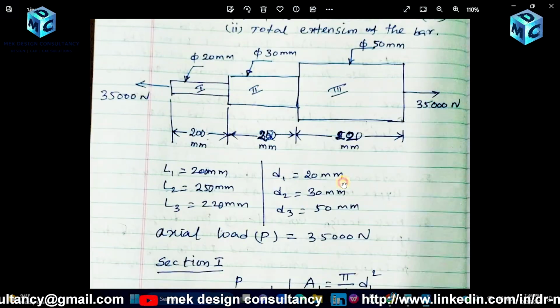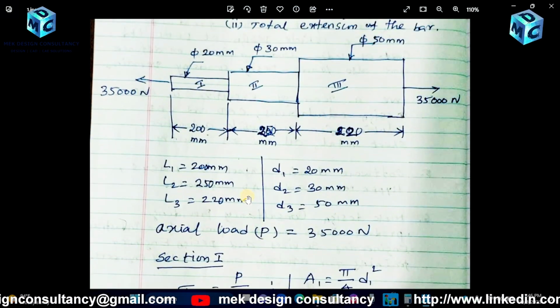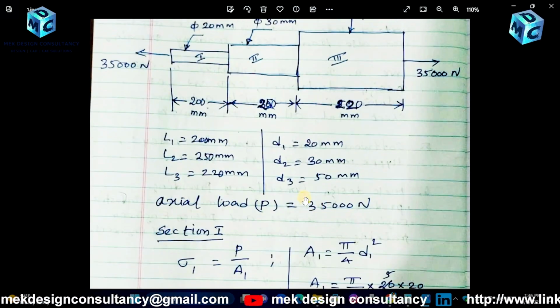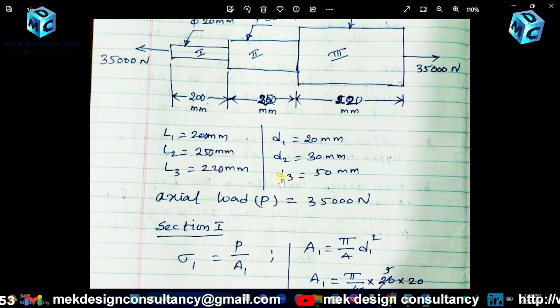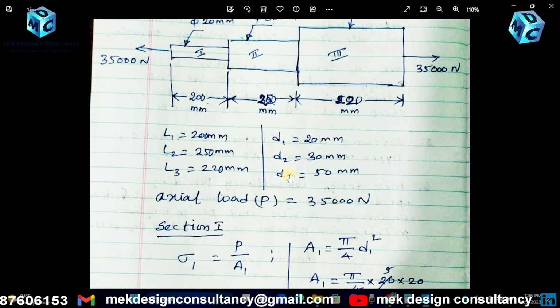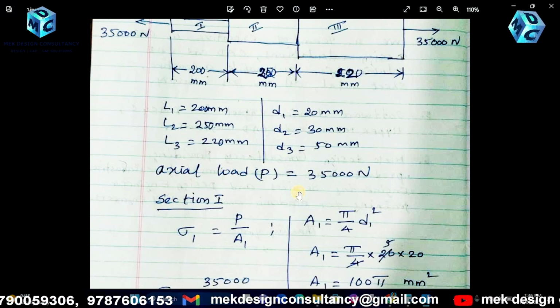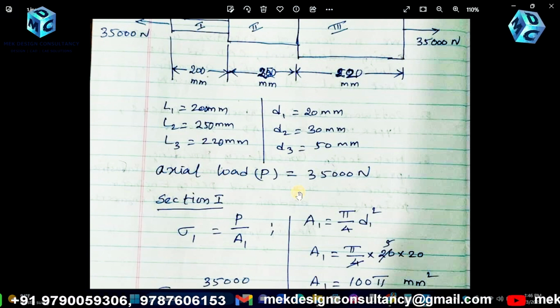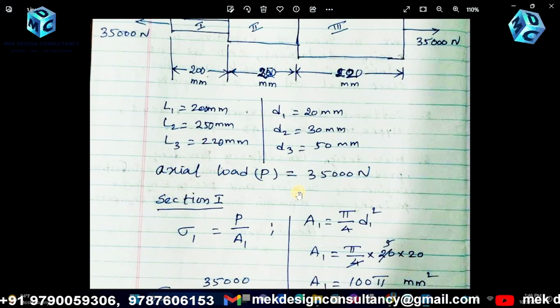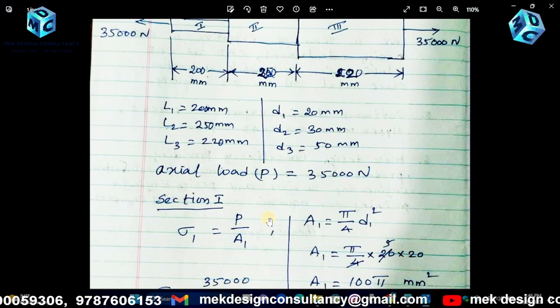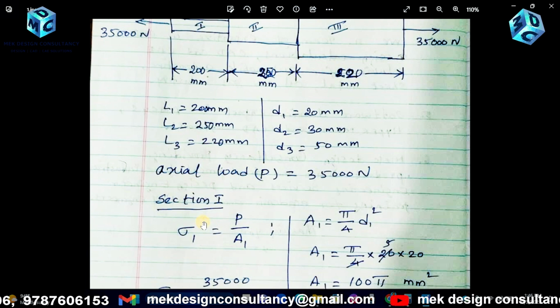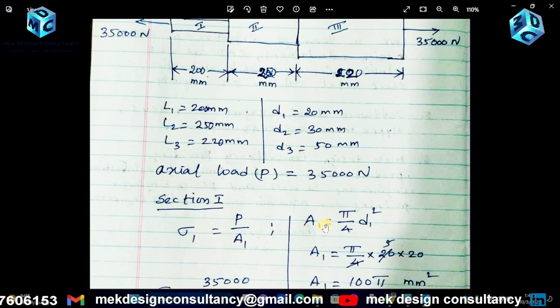First, write the length and diameter here, and the axial load is 35,000 Newton. Let us consider the first section. We calculate stress using the formula stress equal to load by area. So here stress equals P by A, and first we have to determine area A1.